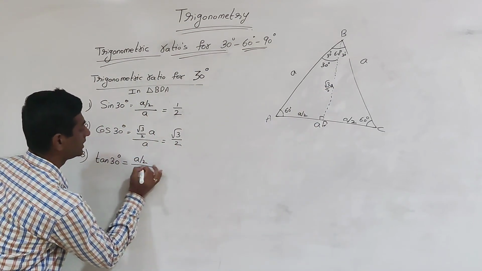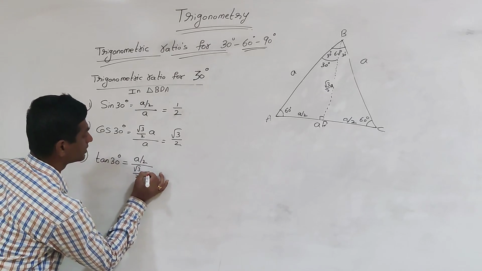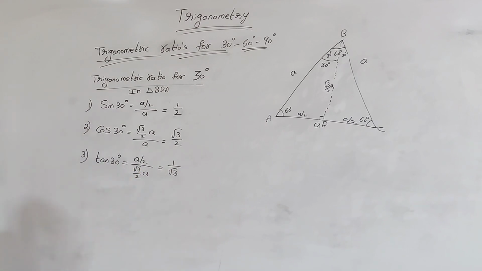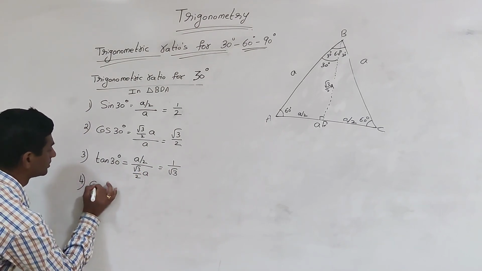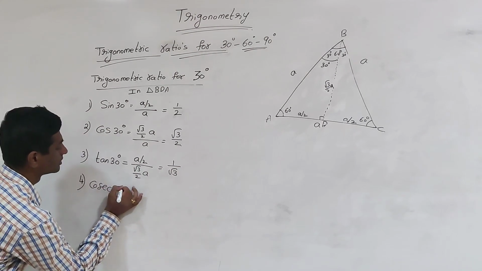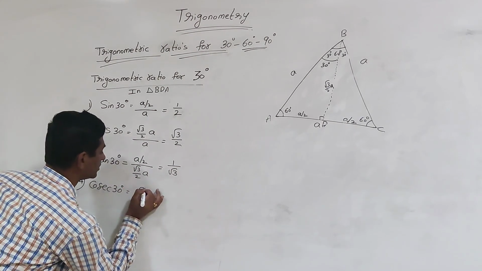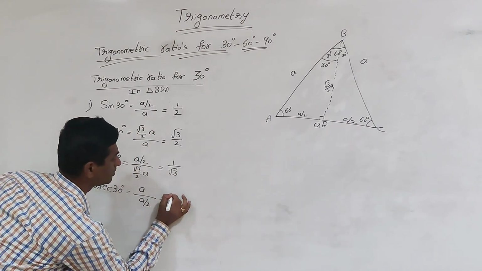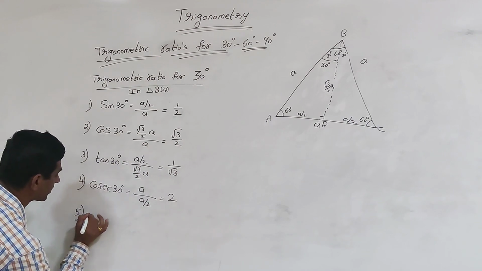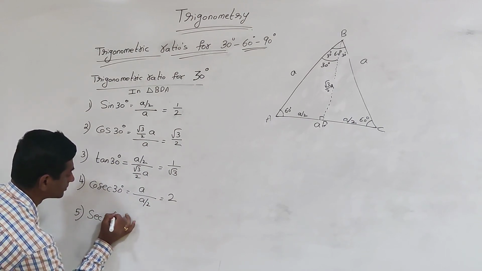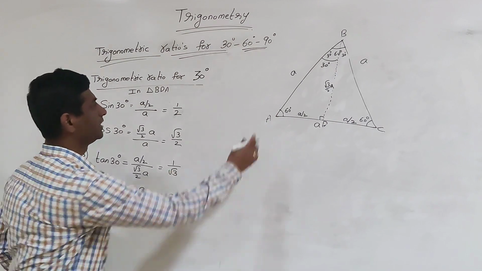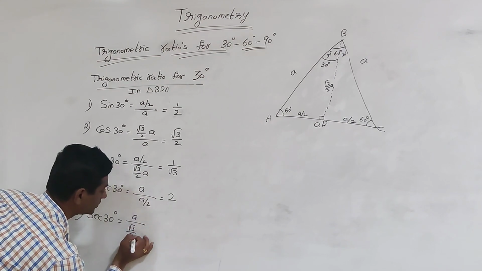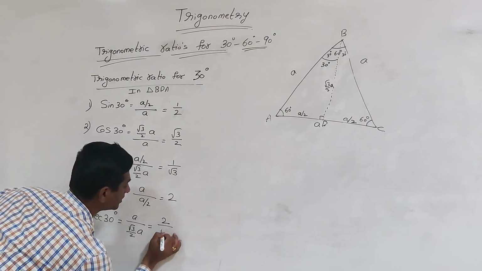A by 2 by root 3 by 2 a. So if you simplify, it will be 1 by root 3. Cosecant 30. Hypotenuse by opposite side. A by a by 2. So it will be 2. Secant 30 degrees. Hypotenuse a by adjacent side, root 3 by 2 a. So it will be 2 by root 3.